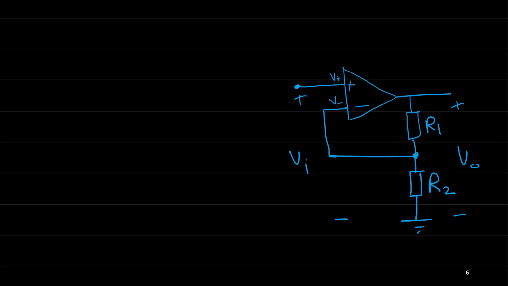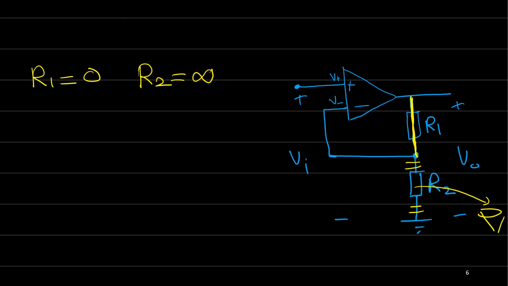Now let's try to make some modification to this circuit. Let's say R1 is 0, for example. 0 means short circuit. And R2 is infinity. Infinity means open circuit, as if we disconnect this resistor and throw it in the dustbin.